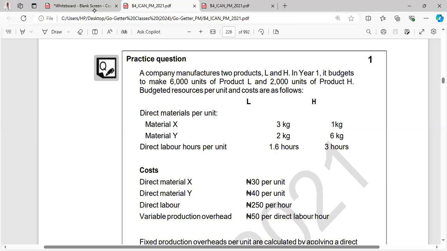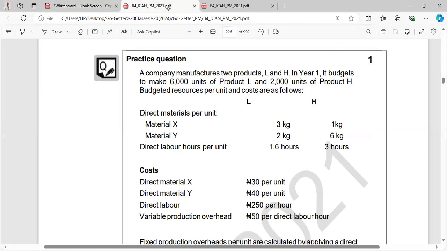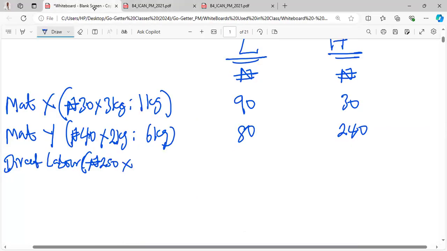So this is 250 per hour multiplied by how many hours were used here? 1.6 and 3. Let me put hours here. 1.6 hours to 3 hours.